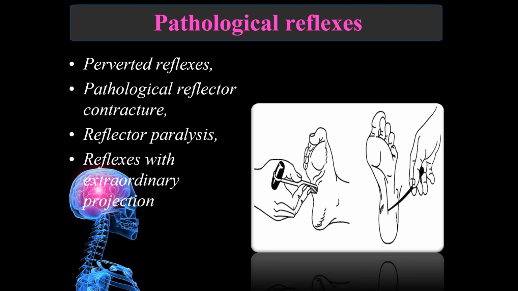An example of the unusually projected reflexes is the Babinski reflex. The Babinski reflex is normal up to 6 months of age, but in old age it is an abnormal reflex. It's a pathology of the central nervous system, and the Babinski reflex is characteristic of central paralysis.